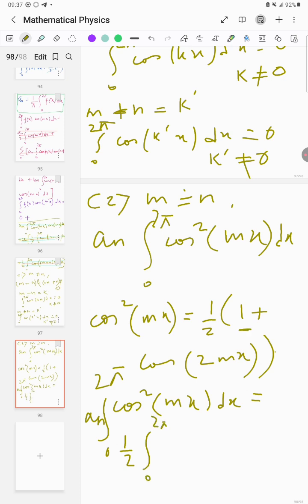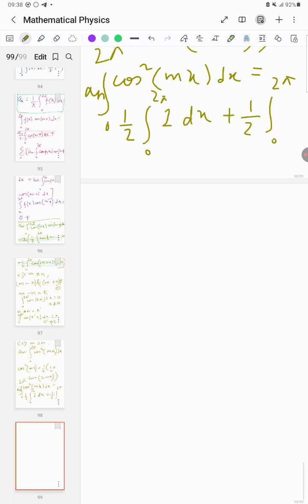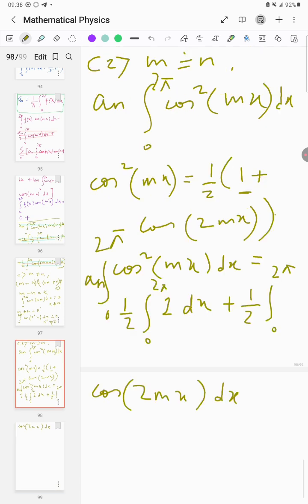What will this be? The 1 will come first, 1 dx, plus half integration 0 to 2 pi cos 2mx dx, isn't it?